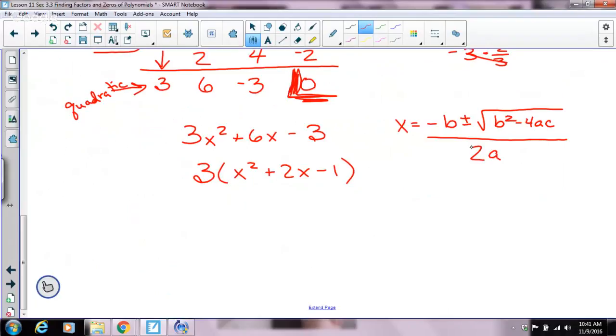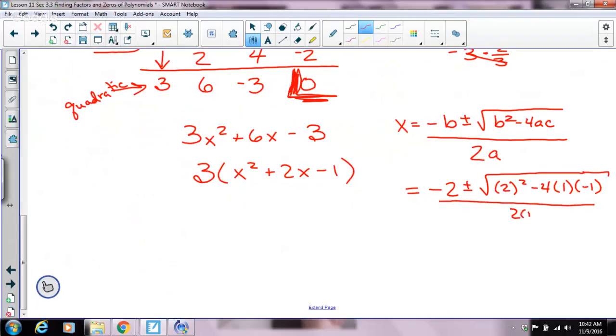Write it. Actually, let's plug into this and see if you got it right. So negative B, which is negative 2, plus or minus the square root of 2 squared. I always put that in parentheses because if it's negative, negative 2 squared would be positive. So put it in parentheses. Minus 4 times 1 times negative 1, all over 2 times 1.